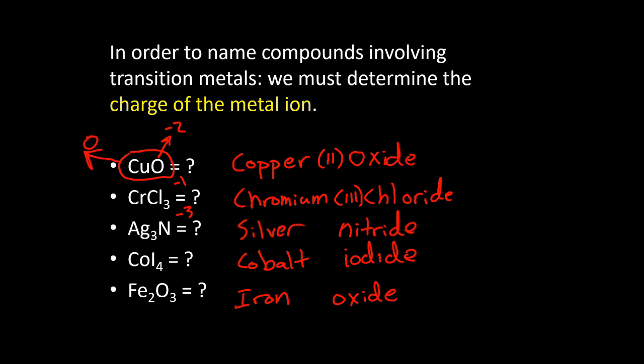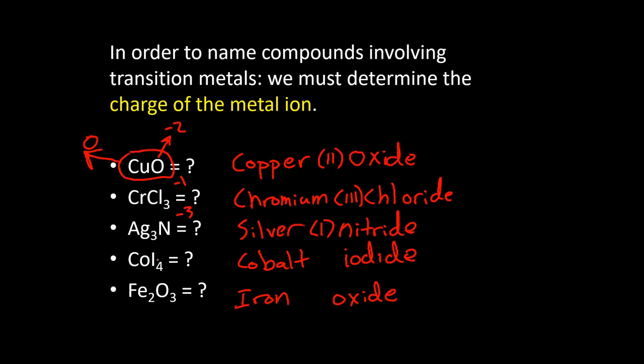We have 3 silvers, so the charge is not going to be +3 on each of those silvers. If we had +3 from each silver, we would end up with a molecule that had a charge of +6, and that's not what we want. So instead, each of the silvers is +1. So this would be silver 1 nitride.